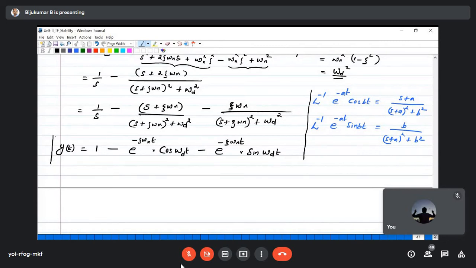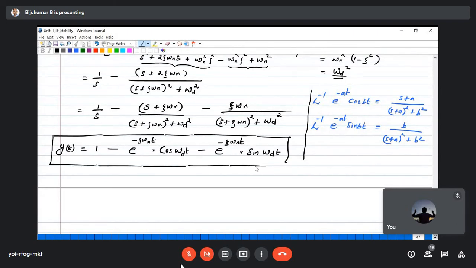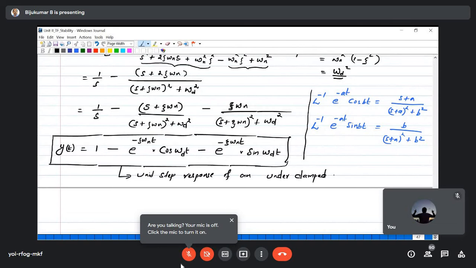So this will be the unit step response of which system? Unit step response of an underdamped system. Stable linear time invariant underdamped system, right?